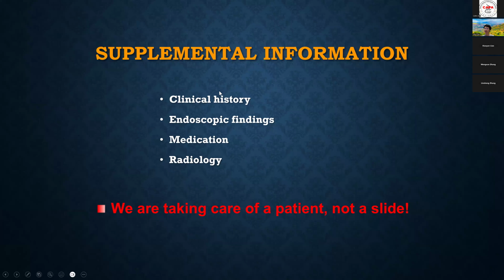So we need to know the history, we need to know the endoscopy findings, medications, and radiology changes or radiation, right? And then we can give the patient the etiology of chronic colitis. So I wish everybody remembers we are taking care of a patient, not a slide. Okay, thank you.